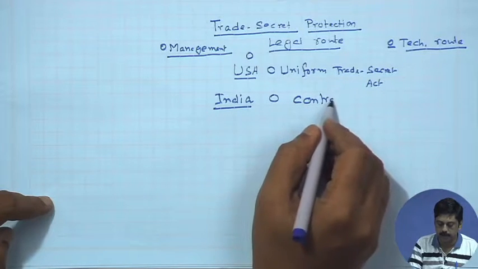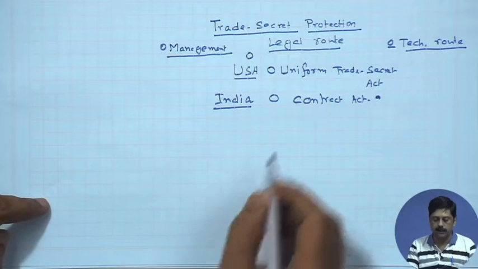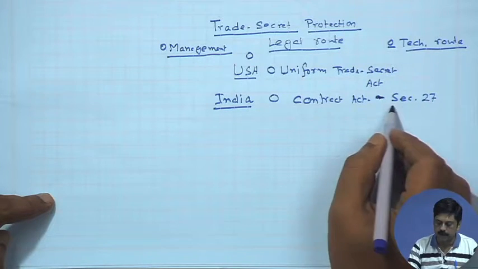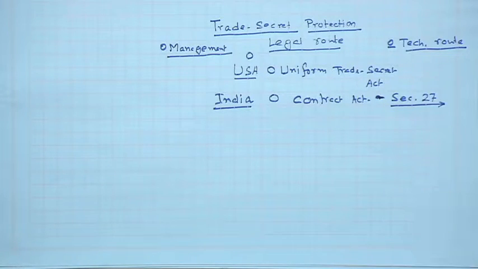So in what way is a trade secret protected in India? We have the Contract Act, section 27. The crux of the provision is restraint of trade, and the respective provision can be applied for enforcement of trade secrets.